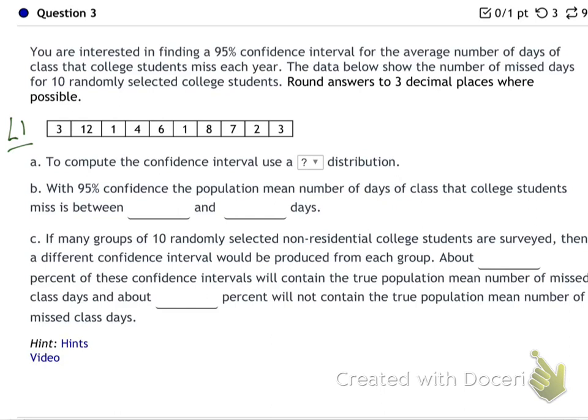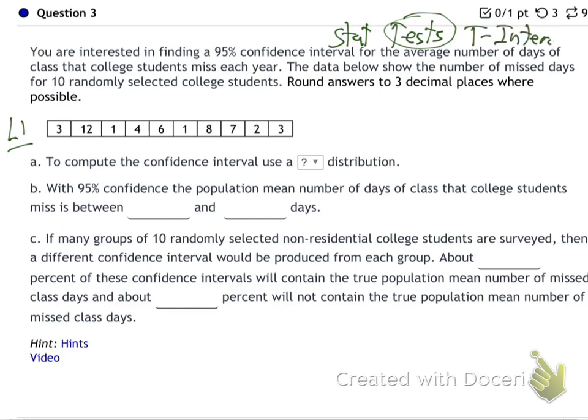So this one's a little different. It's still a mean we're talking about on this one. So put all that data in L1. Then go to Stat and Tests again, like usual, and we're going to choose the T-interval.